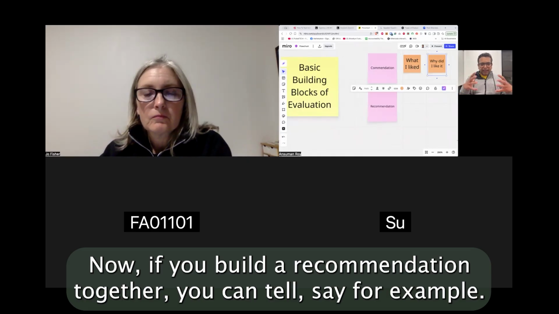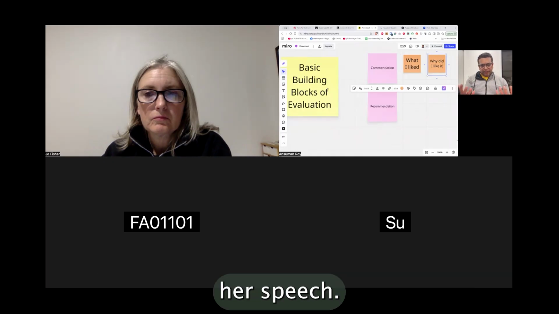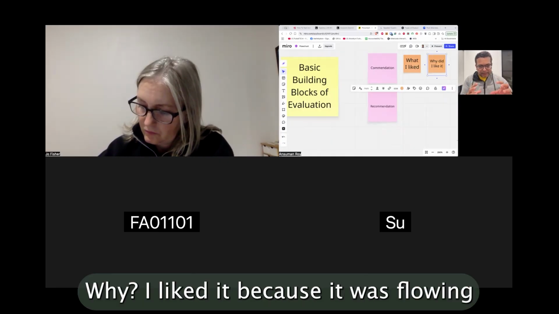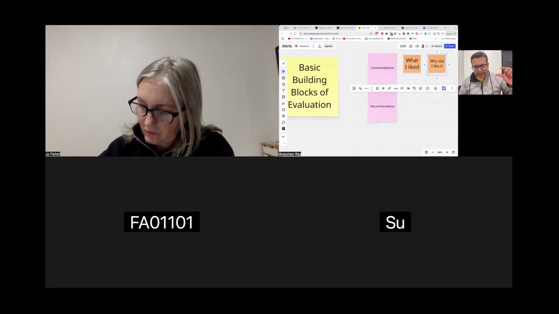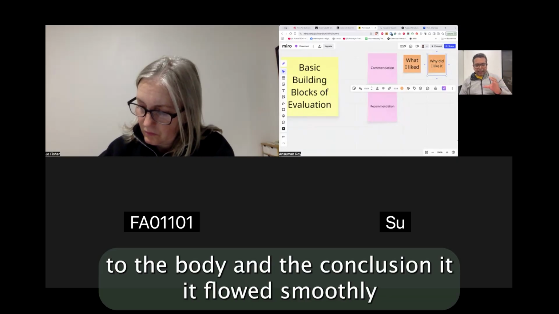Now, if we build a commendation together, say, for example, Sue gave a speech. What I liked about her speech was her structure. Why I liked it? Because it was flowing from the beginning to the body and the conclusion.